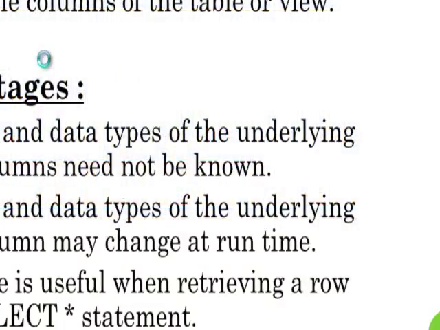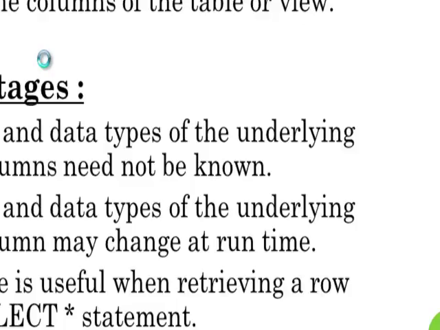The %ROWTYPE attribute. Declare a variable according to a collection of columns in a database table or view. Prefix %ROWTYPE with the database table. Fields in the record take their names and data types from the columns of the table or view. These are the advantages of the %ROWTYPE attribute.